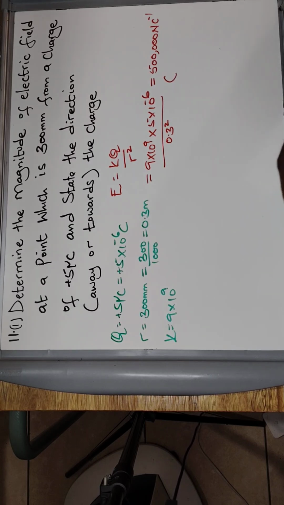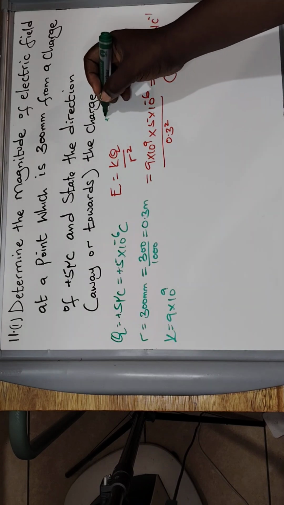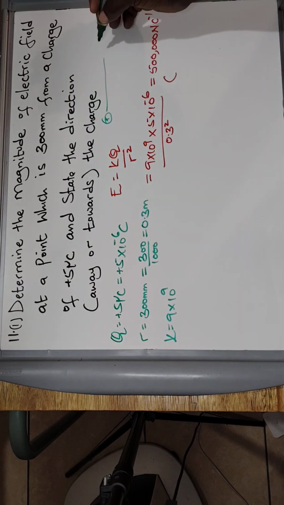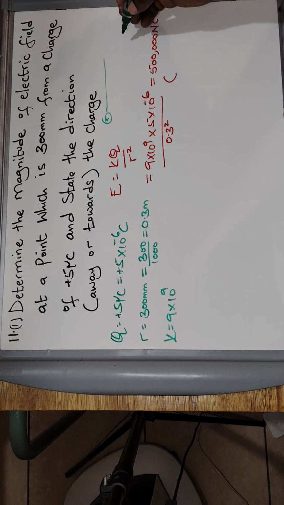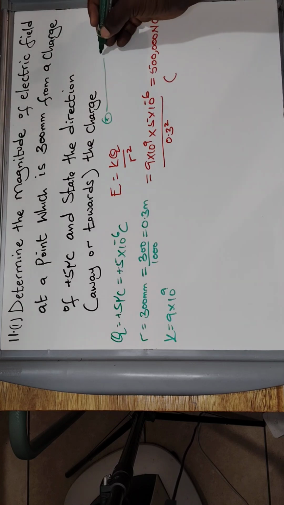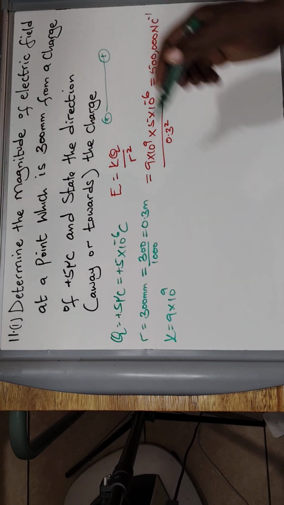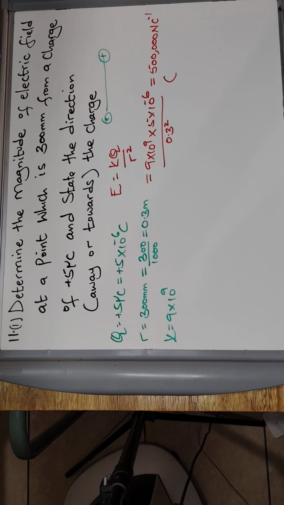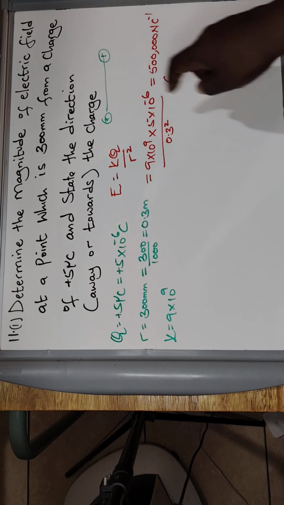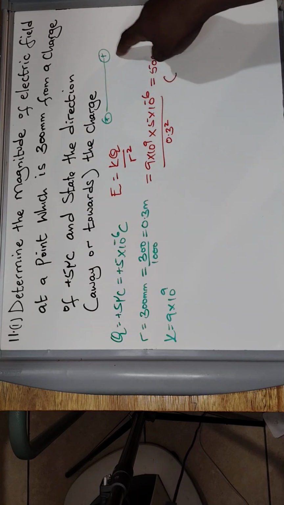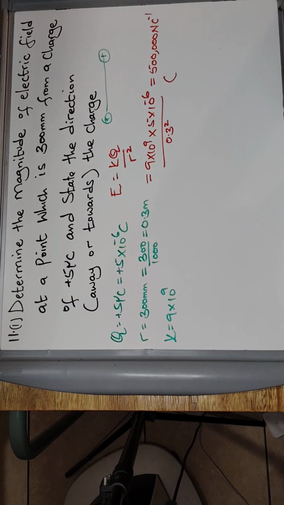The charge of interest is positive, and whatever point of interest is also positive, because we use the positive charge as a way of determining direction. So if you have this one as positive and the testing charge is positive, where will the testing charge go? It will be away.